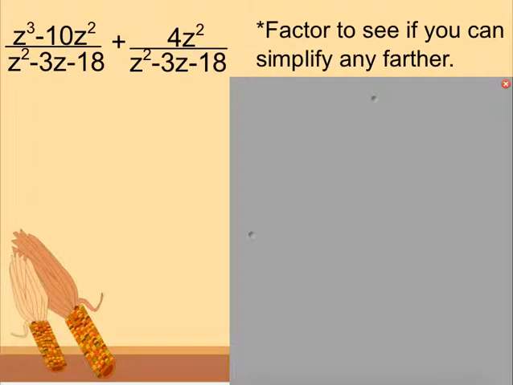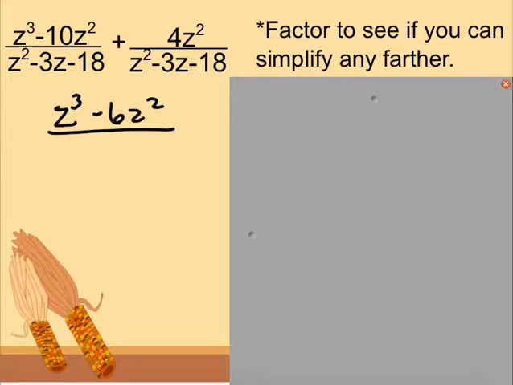So it's nice when we do have those common denominators, because we can just go ahead and add these together. And that's what I'm going to do up top here as well. I'm going to add together the numerators and get z to the third, and then negative 10z squared and 4z squared are common terms, so we have minus 6z squared over, now I'm going to factor the denominator right now.